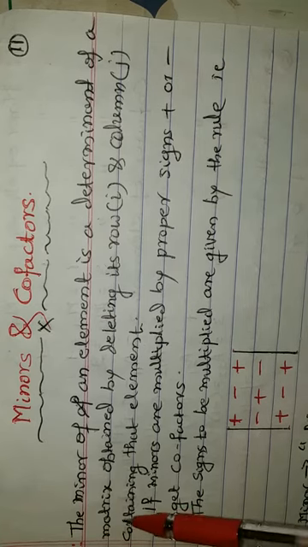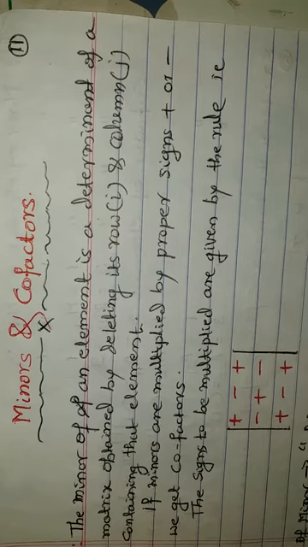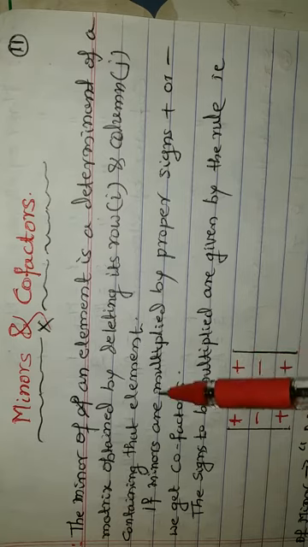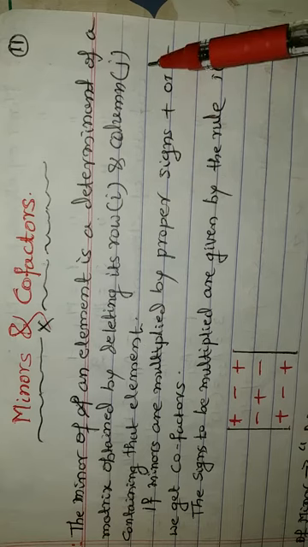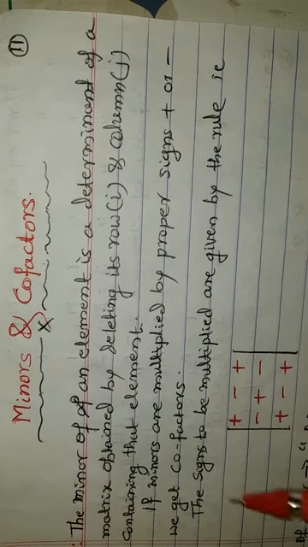Have you understood the minor? How can you define the minor? Minor of an element is the determinant of a matrix obtained by deleting its ith row and jth column containing that element.